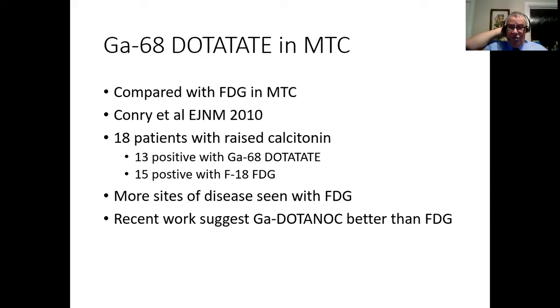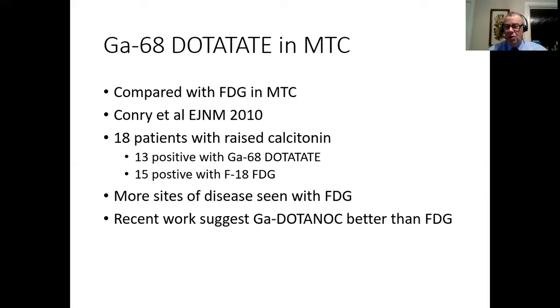Other tumors, of course, can be imaged, and this includes other neuroendocrine tumors such as medullary thyroid cancer. This was a paper published in 2010 looking at 18 patients, and here they found that the DOTATATE wasn't quite as good as the FDG. The reason is probably that some of these medullary thyroid cancers don't have the somatostatin 2 receptor.